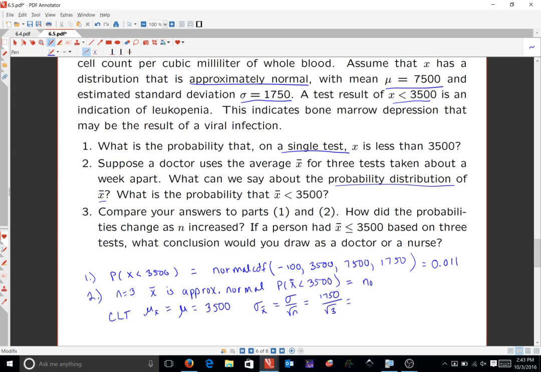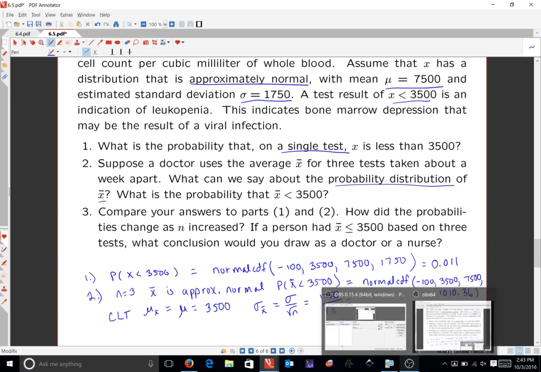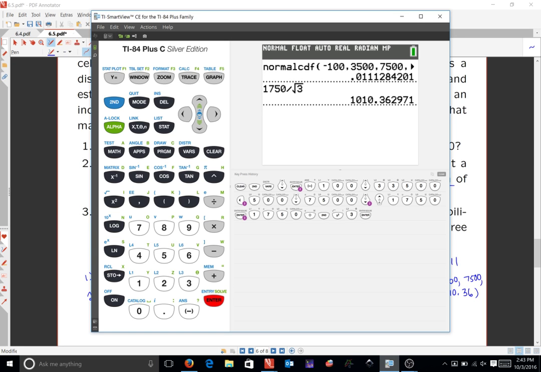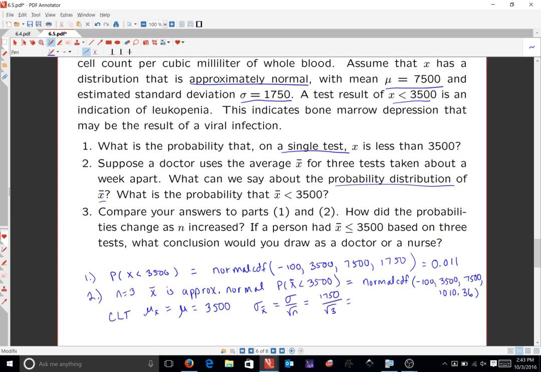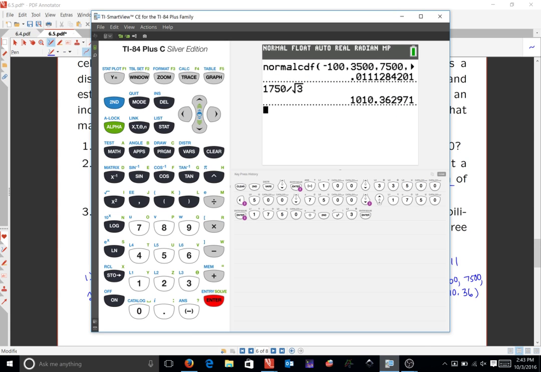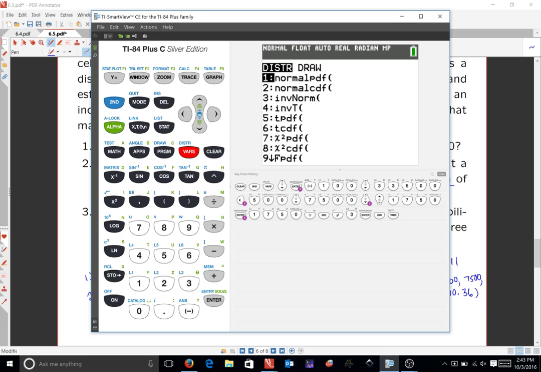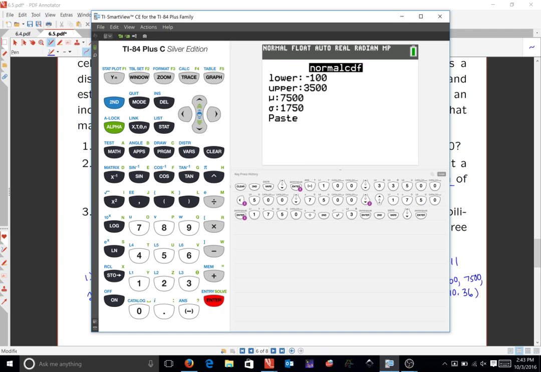And so we're looking at normal CDF. Here again, negative 100 for the low value, 3,500 for the upper value, 7,500 for the mean, and then 1010.36 for the standard deviation. We're going to plug that into our calculator. The negative 100 is the same, the 3,500 is the same, the mean is the same, but this becomes 1010.36.